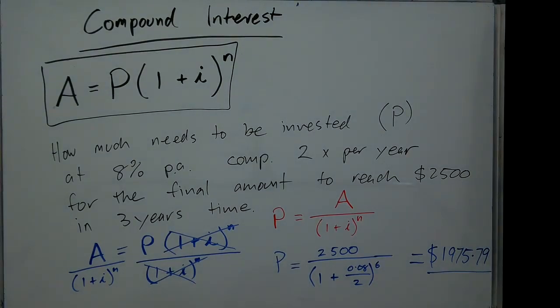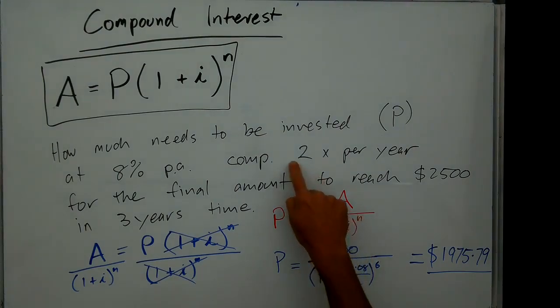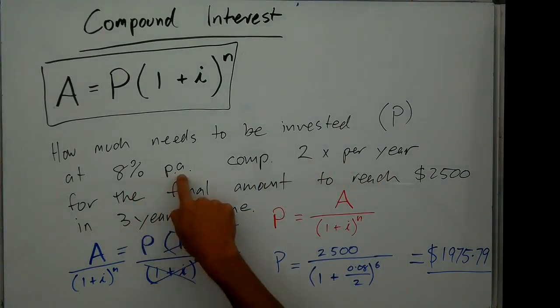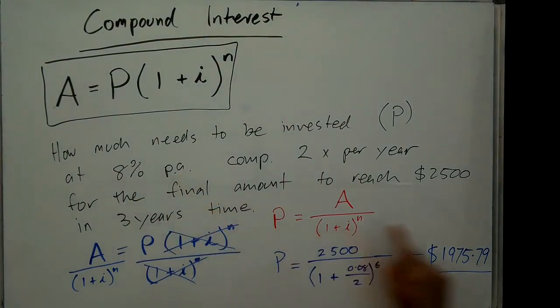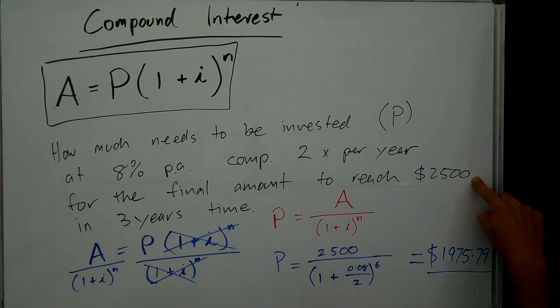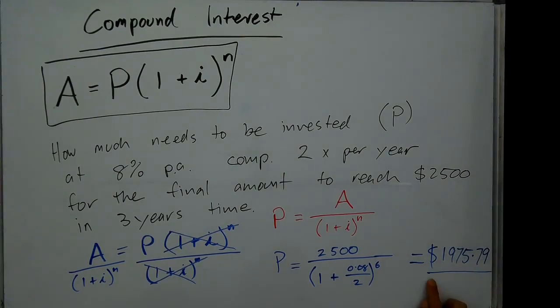So if I want a compounding twice per year, 8% per annum account to have this much in it in 3 years' time, I need to put this much money into that account now to allow this to grow to that.